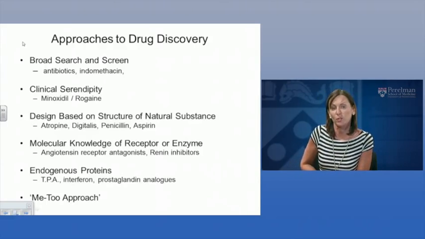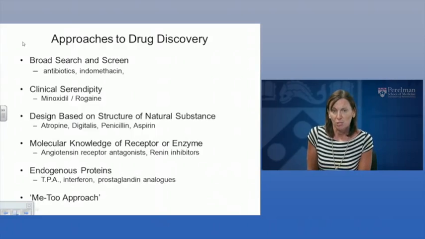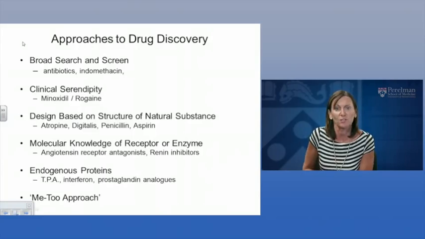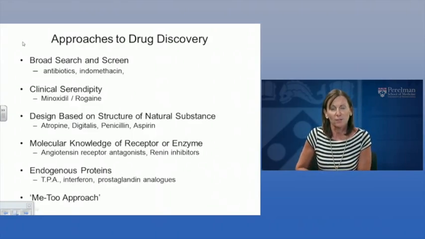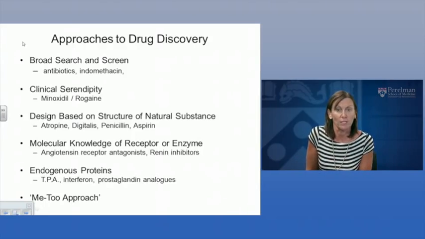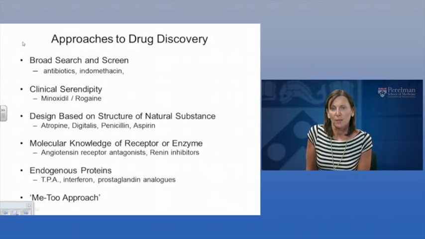So giving supraphysiologic doses of a naturally occurring protein to actually dissolve the clot is an example of knowledge of an endogenous protein given exogenously to treat very acute medical conditions.